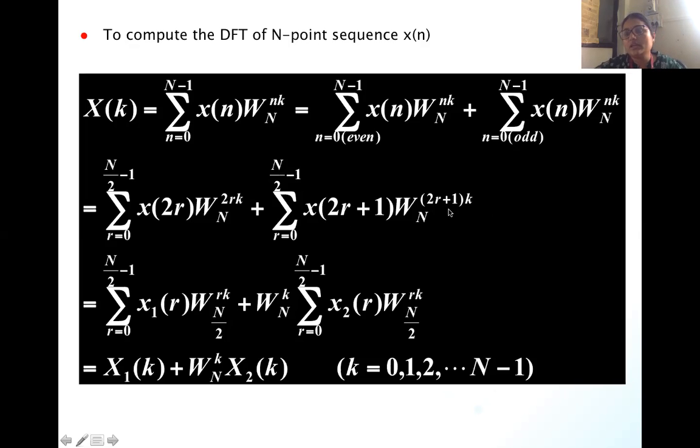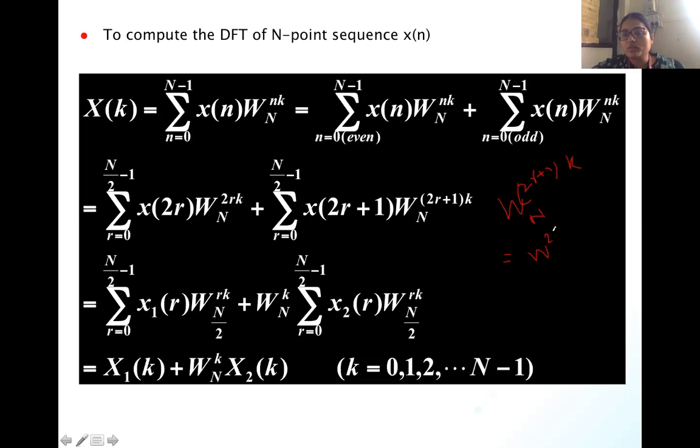Now n here again will get replaced. This is going to be W raised to 2r plus 1 multiplied by k suffix N. Now this twiddle factor we can separate out. So this is W raised to 2r plus 1 multiplied by k, and this is suffix N. So we can write it as, this is the exponential part, W raised to k multiplied by 2r.